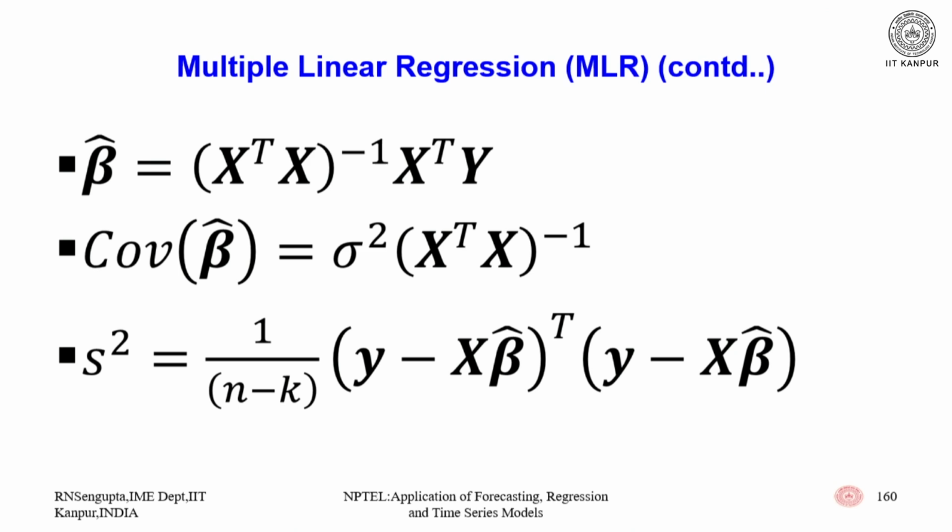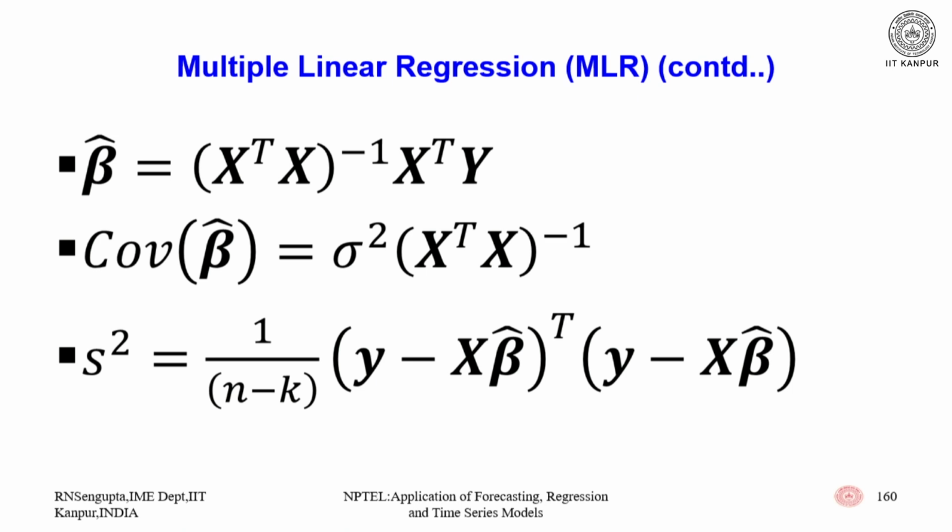Now I have copied here the formula which we have been utilizing for the multiple linear regression model, and we utilize this formula to solve. The first one is beta hat, the estimate of the regression coefficient, considering there is more than one independent random variable.